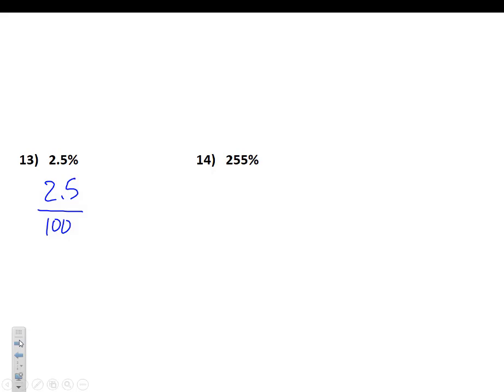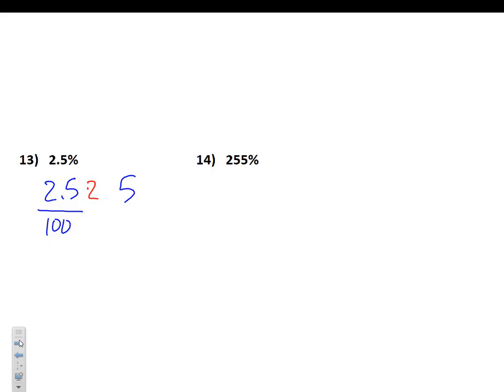Okay. Now there's a couple ways of taking care of that. I'm going to take care of it by multiplying by a number that will create a whole number out of that decimal. I recognize that 2.5, if I double that, if I multiply it by 2, I will get 5.